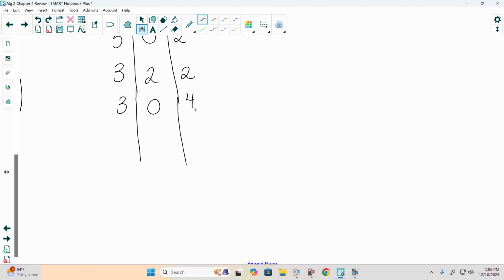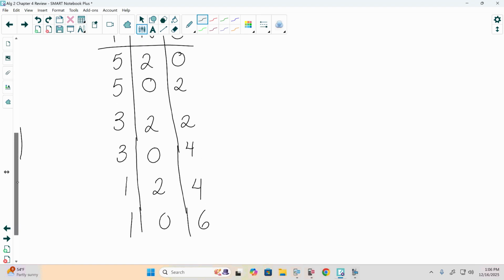I can't take any more groups from the negatives, but I can take one more group of 2 away from the positives, telling me that I can have 1 positive, 2 negative, and 4 complex. Or lastly, we could have 1 positive, 0 negative, and 6 complex.